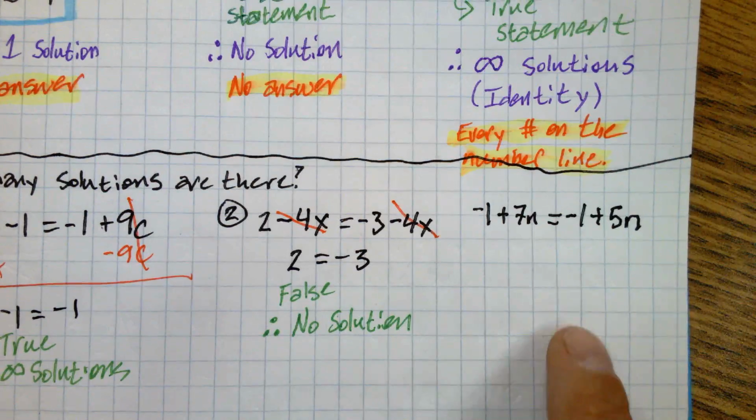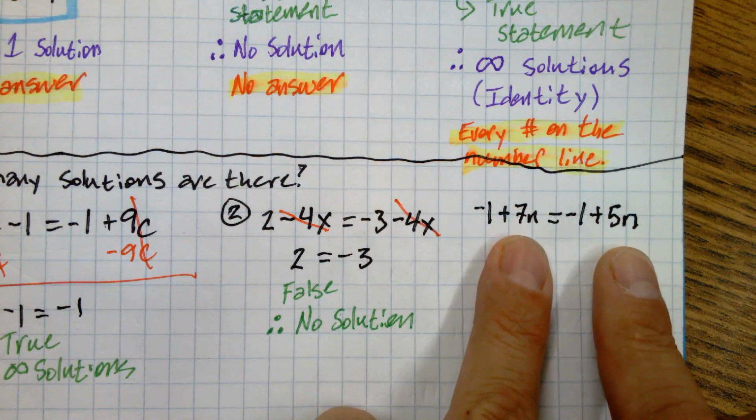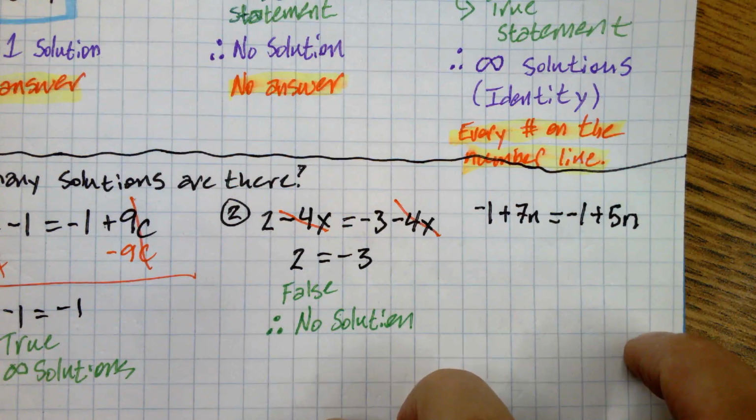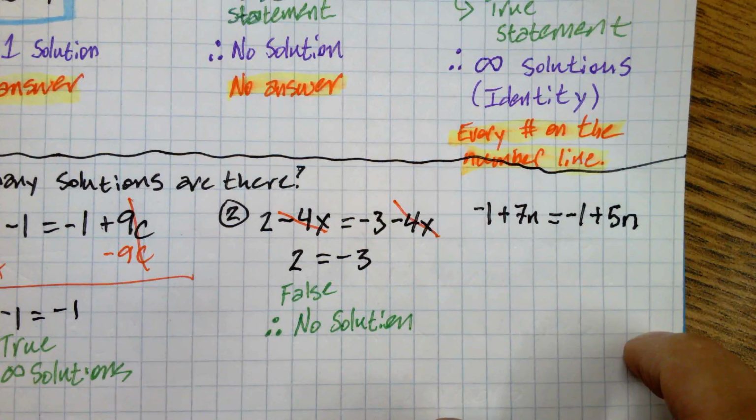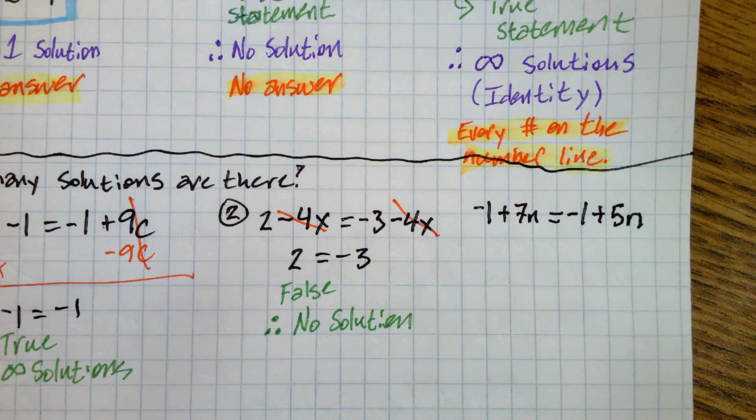Okay, the coefficients there aren't the same? And when you take away the coefficient, you still end up with 2n. Okay, you still end up with something, right?